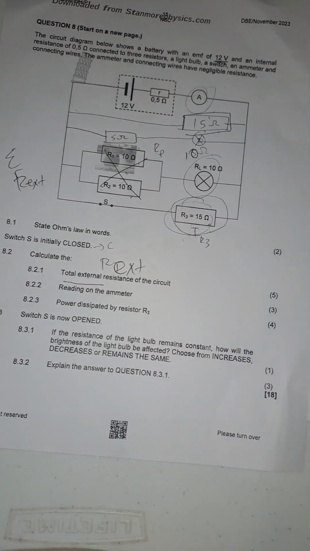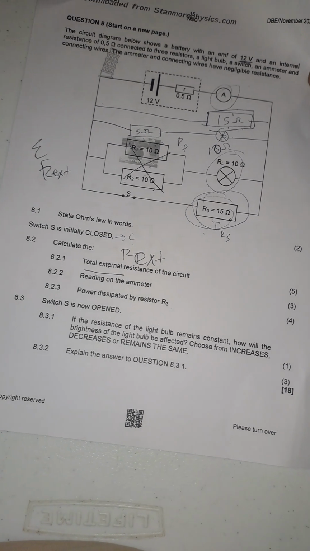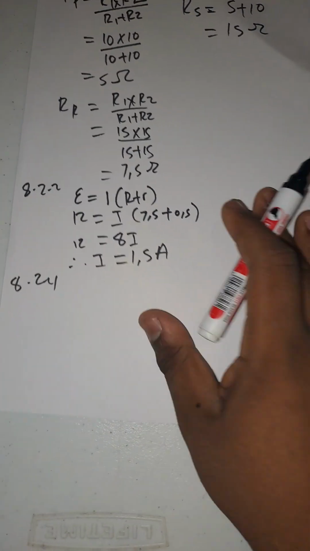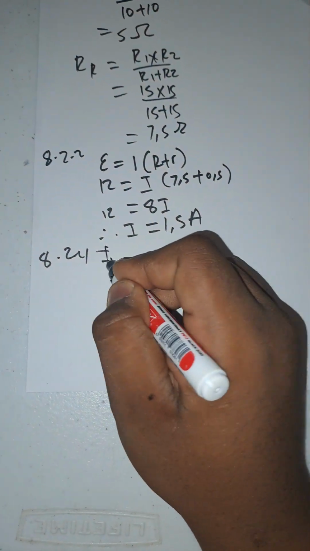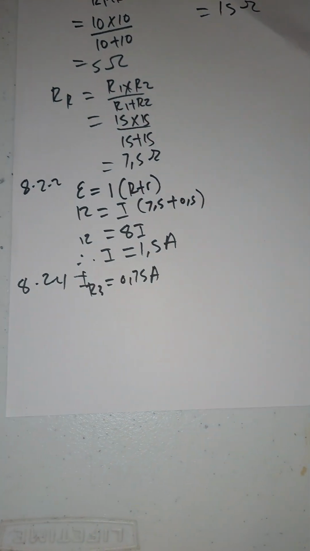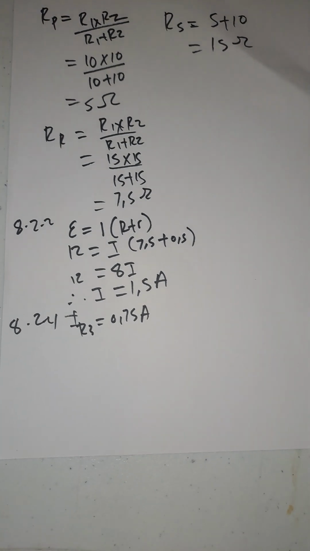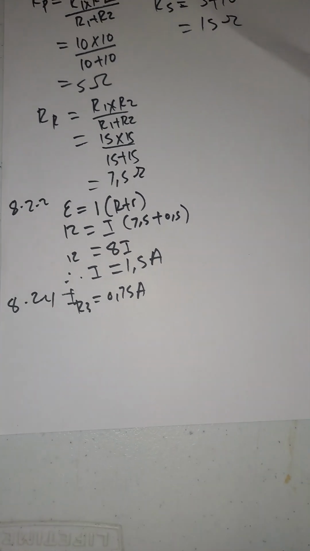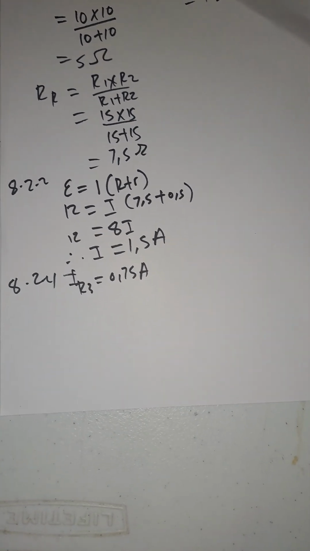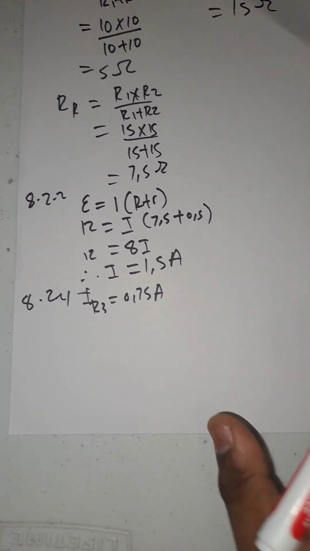Because you can see that R3 and that resistance have the same resistance, meaning that each resistance carries 0.75 amps. But if you don't trust yourself, you can start by calculating the external voltage, then find the resistance and the current on R3. It is going to be the same thing.